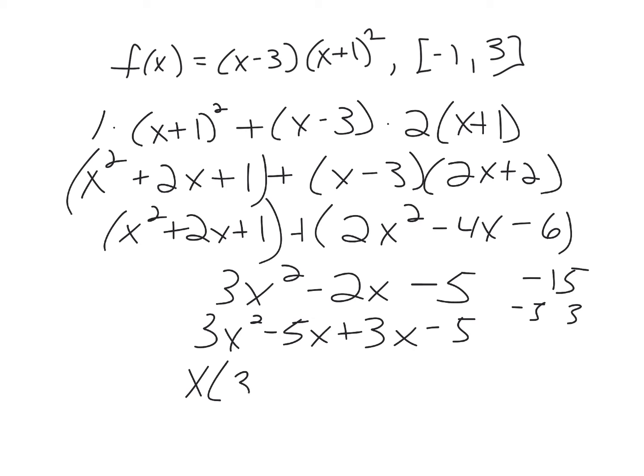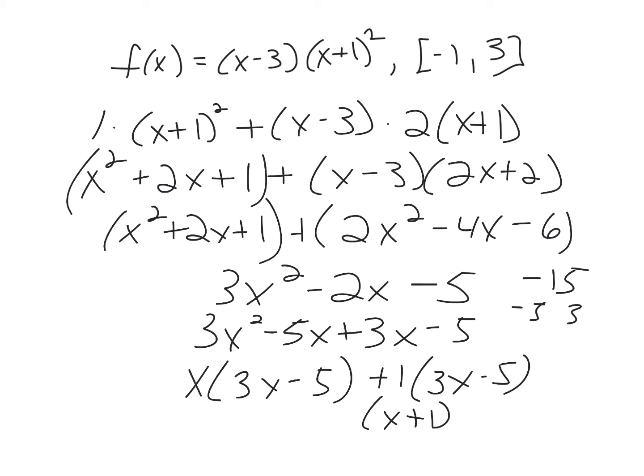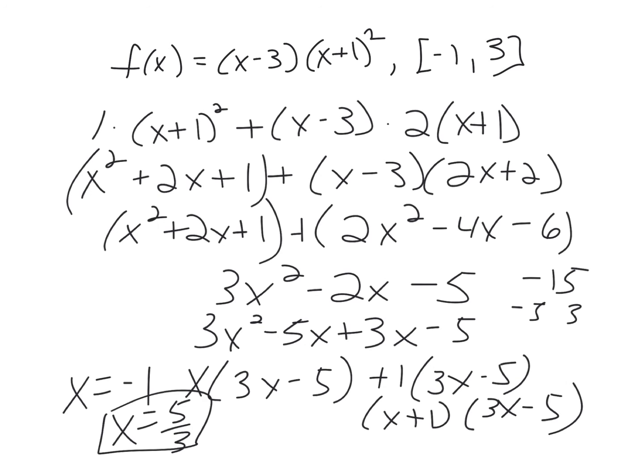Take out an x, take out a 1, and then your factors are going to be x plus 1 and 3x minus 5, giving you zeros of x equal to negative 1 and x equals 5 over 3. 5 over 3 is the only answer that's in between negative 1 and 3, so that will be your answer. That's your c value.